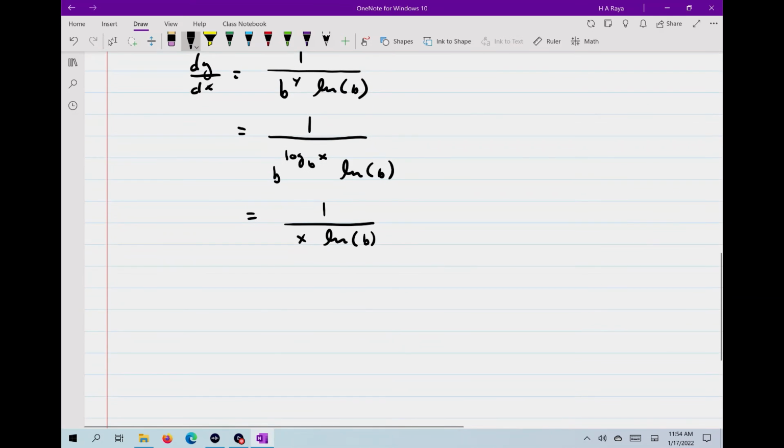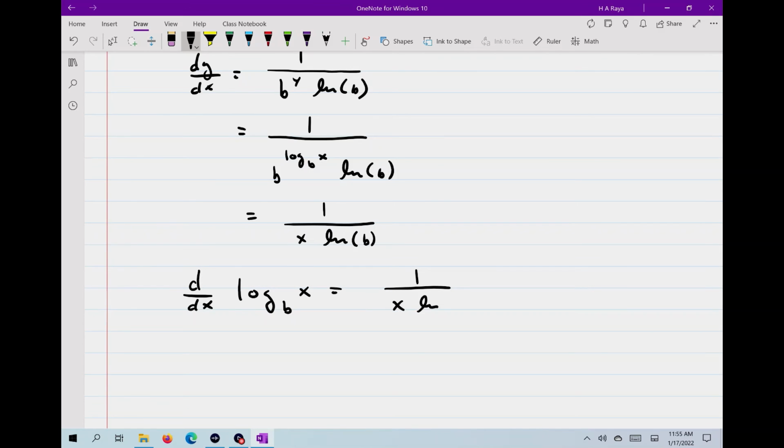And just to recap, when taking the derivative with respect to x of log base b of x, that's simply going to be 1 over x times the natural log of b.